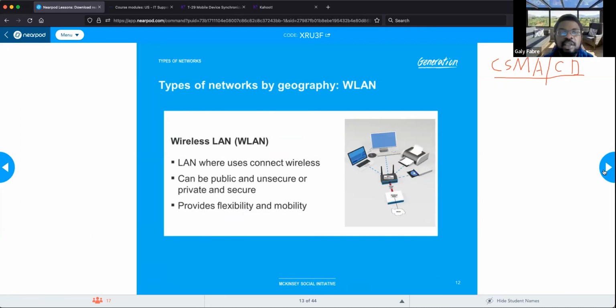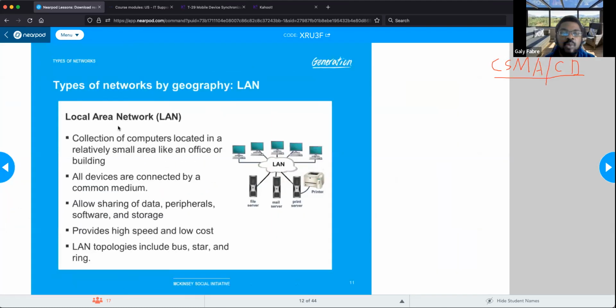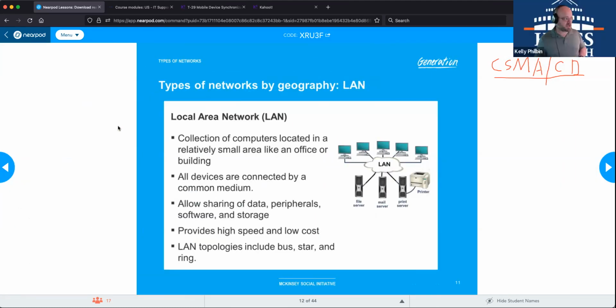I thought the LAN was more like multiple LANs connected over a wide area. A LAN could be 10 people in an office, or 5 people in an office, or 1,000 people in one building.